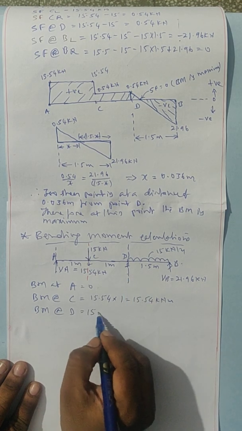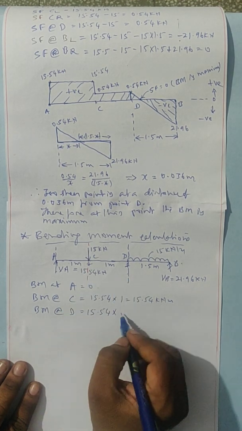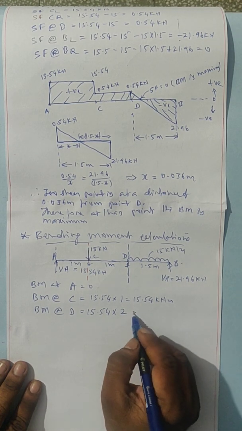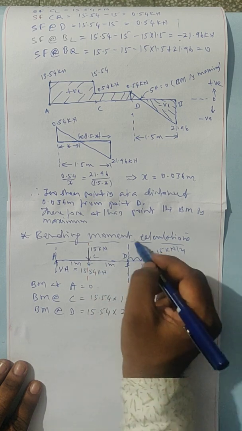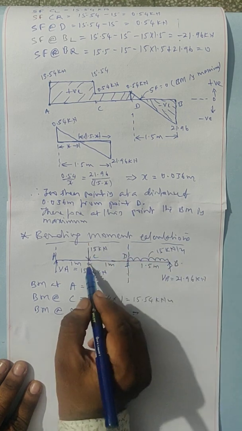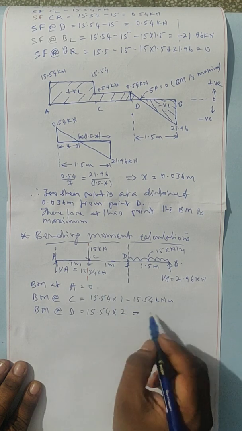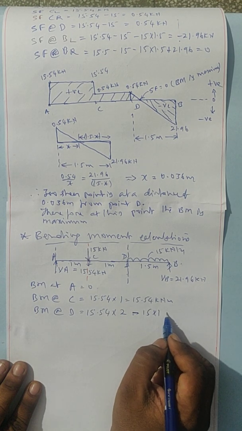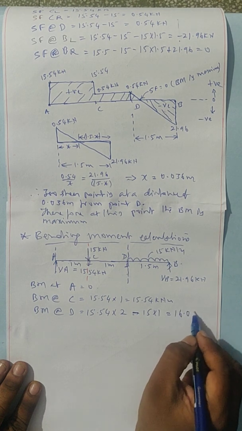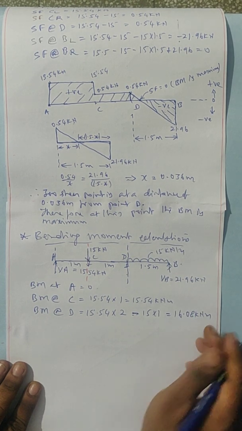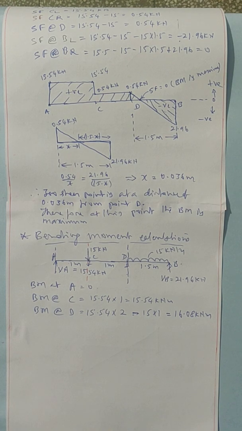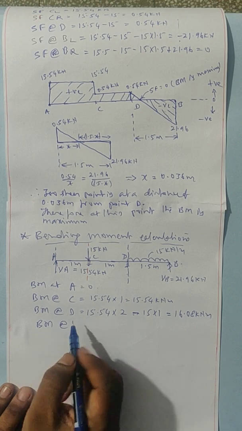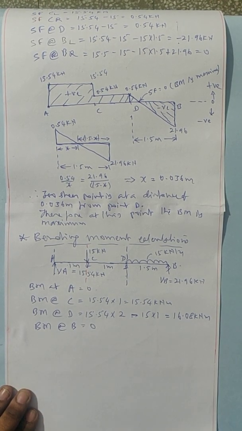Therefore 15.54 into 2, minus this will create anti-clockwise moment about D, 15 into 1, that should be equal to 16.08 kilonewton meter. Now bending moment at B is 0, extreme end B equal to 0.